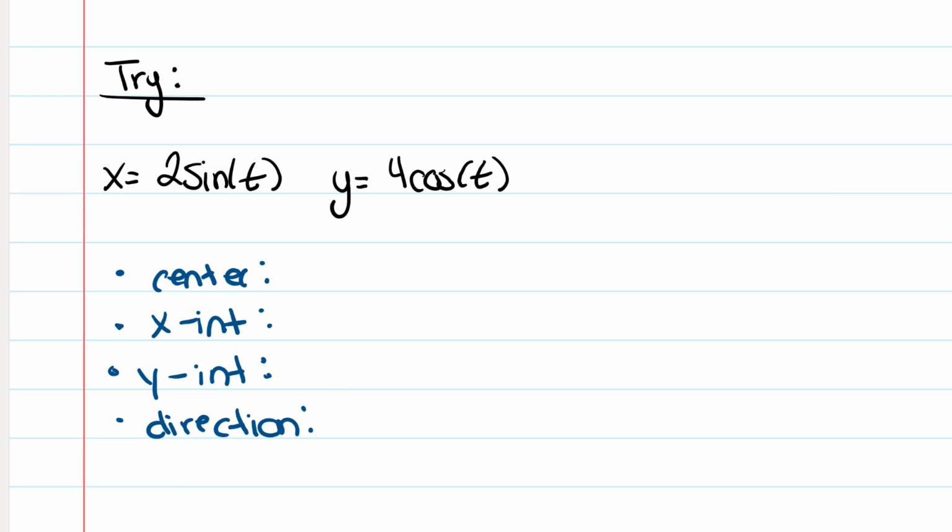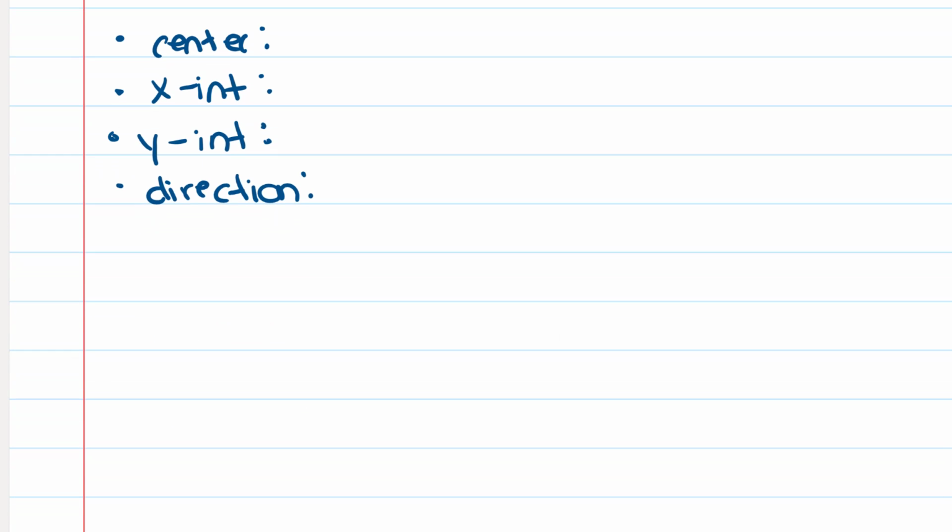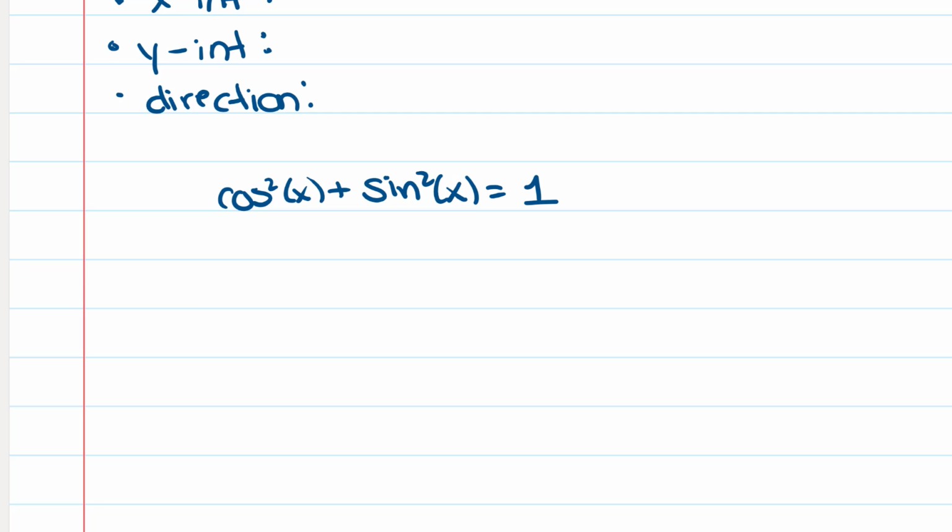Alright, so here we go. So the first thing I'm going to do is create my equation. So I know that the equation for a circle, and this is where I like to start, is cosine squared plus sine squared is equal to 1. And in this problem, I'm given that x is equal to 2 sine of t. So I can divide everything by 2, and I can square it.